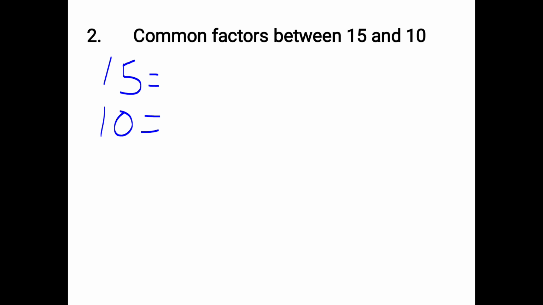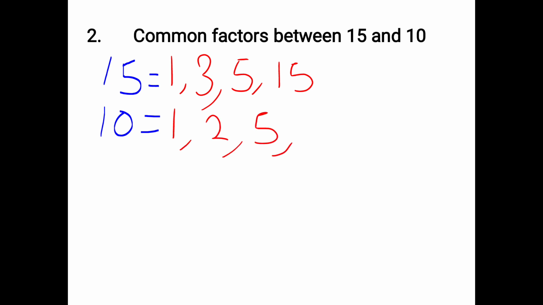For 15, starting from 1, we have 1, right? Very good. We have 3, we have 5, and we have 15 itself, right? So easy. How about for number 10? We have what? 1, 2, 5, and 10. So easy, right?